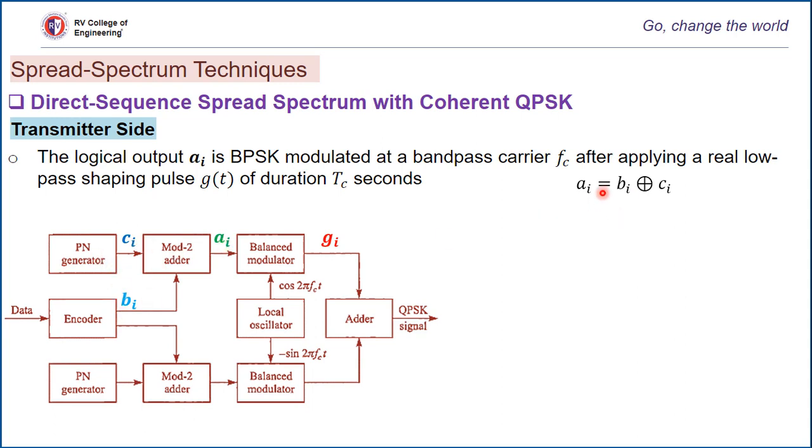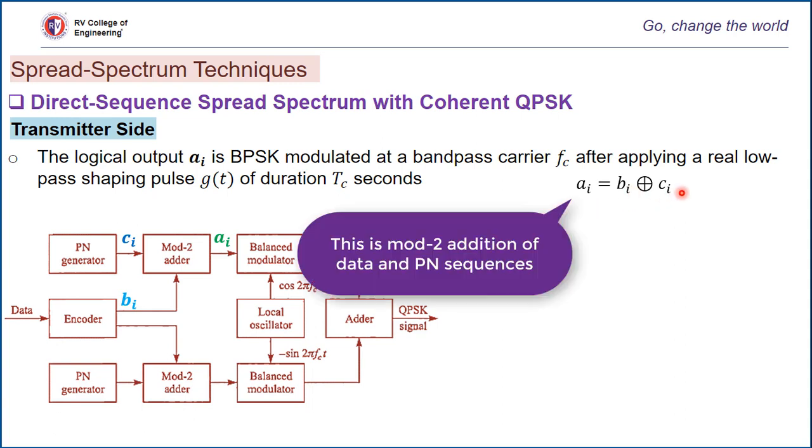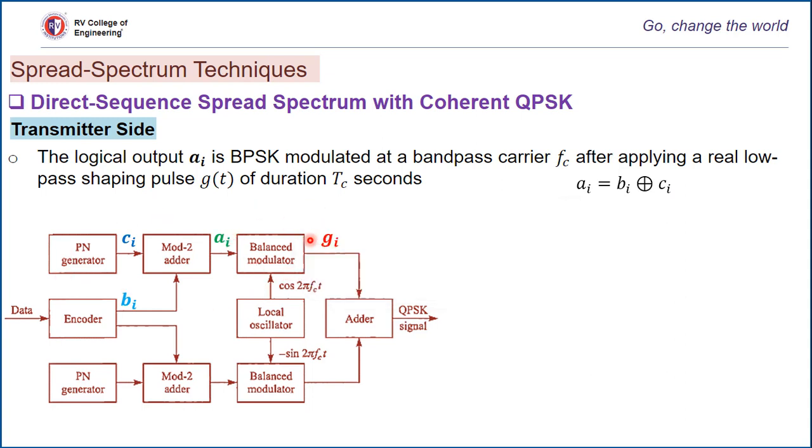So this is a simple XOR operation. ai will be equal to 0 when bi is equal to ci, and ai is equal to 1 when bi is not equal to ci. Then this sequence is mapped into BPSK. I'm talking about only the upper path; the lower path is for the quadrature phase. The upper path refers to a simple BPSK modulated signal.